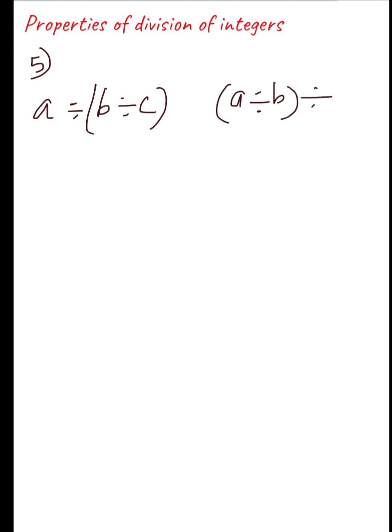Fifth property: let's check the associative property for integers in the case of division. Associative property, what is that? We need to check whether a divided by b, divided by c, is equal or not to a divided by b divided by c.